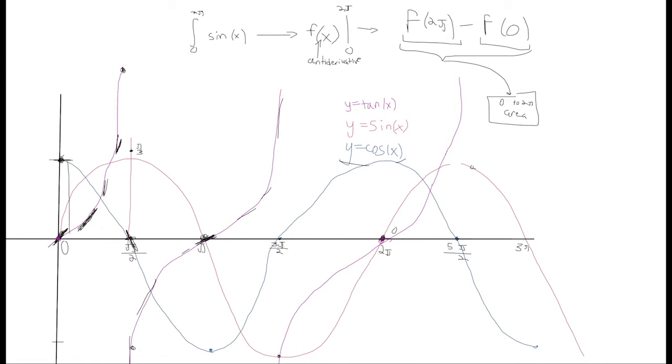Well, let's start with pi halves. At pi halves, it's going to have this area right here. And I'd say that looks a bit like pi thirds again. So let's just graph pi thirds, which is already graphed because of what I did before.